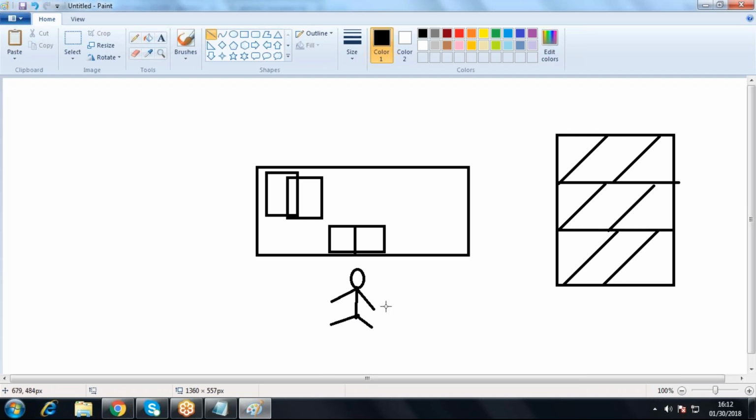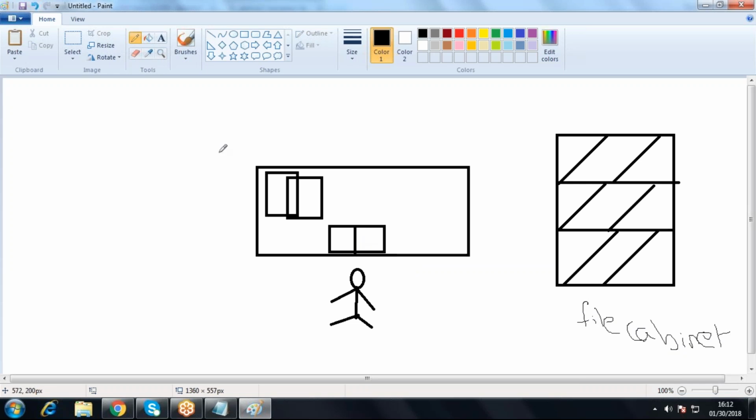Now, what file will this person open first? The file present in front of him, or the file on the table, or a file in the file cabinet? In front of him. So first we will open the file in front of him, right?